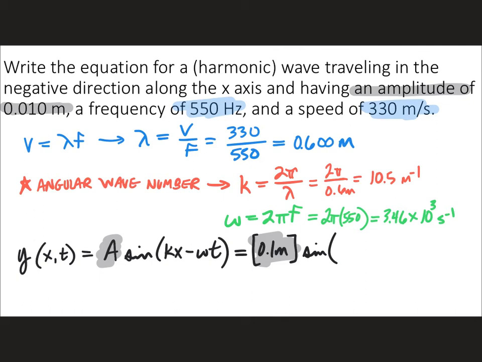Well, that k was 10.5 inverse meters, 10.5 inverse meters times x, all right? And then we're going to minus omega. Oh, I sort of ran out of room there, so I'll have to crunch it down.